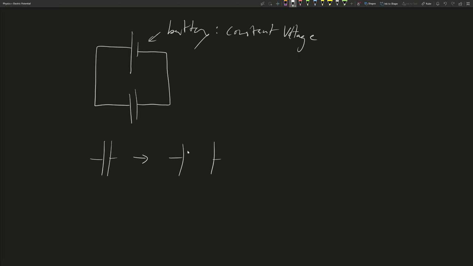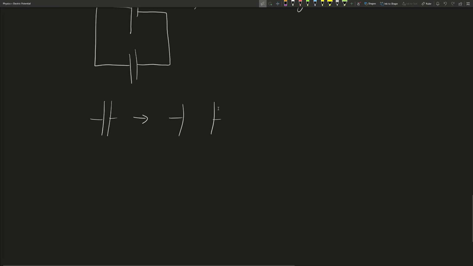then we know that this voltage is constant, but this is equal to electric field strength times this distance.